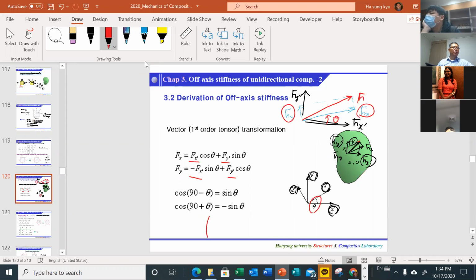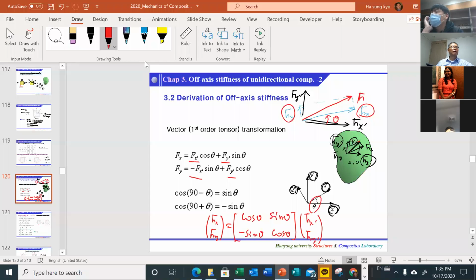Simply, we can write fx and fy in matrix form: cosine theta, sine theta, minus sine theta, cosine theta, times fx prime and fy prime.